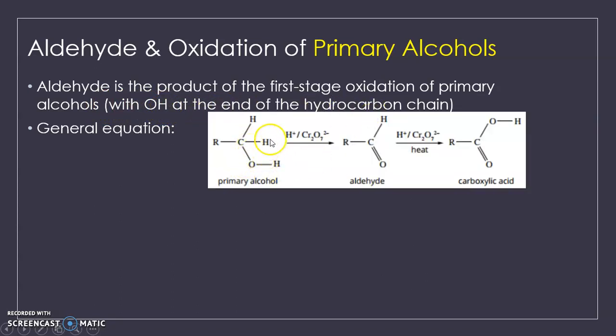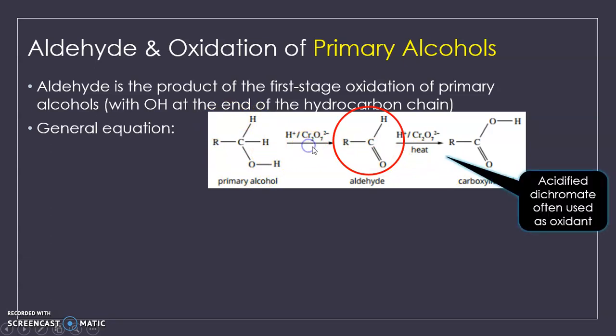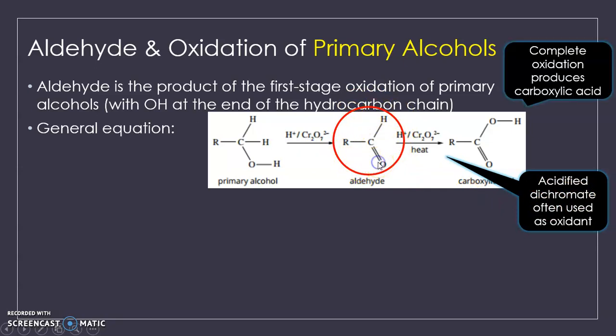So for example, this primary alcohol, using a very strong oxidant, acidified dichromate, becomes an aldehyde initially. When you further oxidize it, it will become a carboxylic acid. So in organic reaction pathways, primary alcohols can become aldehydes and then become carboxylic acids.